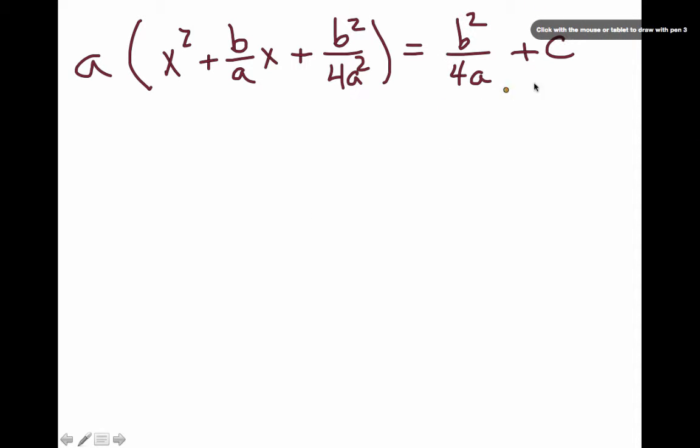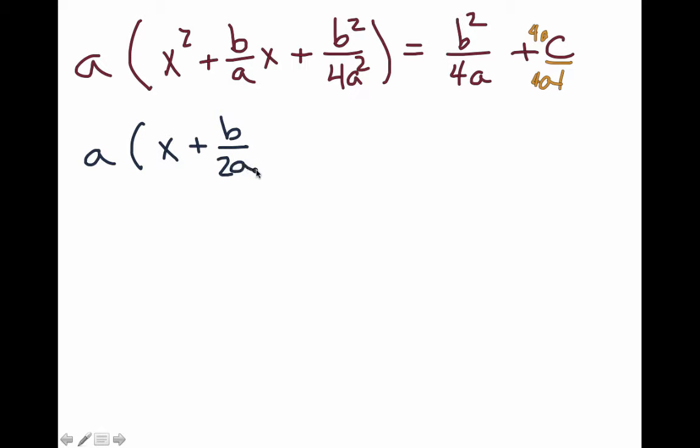Now, I'm going to get a common denominator over here. This is over 1. To get a common denominator, it would be 4a. I'm going to multiply by 4a over 4a. Good. I now have a times x plus b over 2a quantity squared.